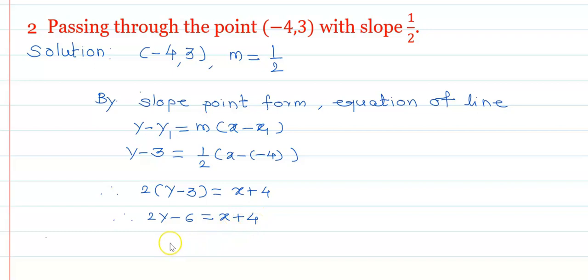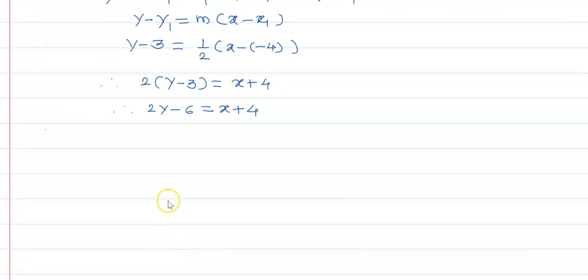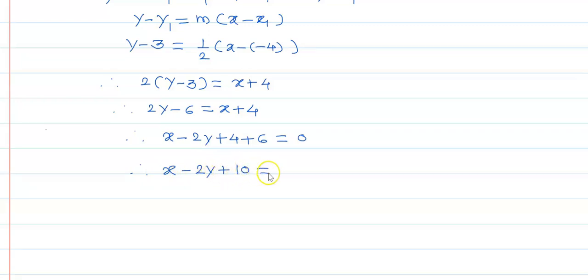Okay, and this equation can be written as x minus 2y plus 4 plus 6 equals 0, and therefore x minus 2y plus 10 equals 0.